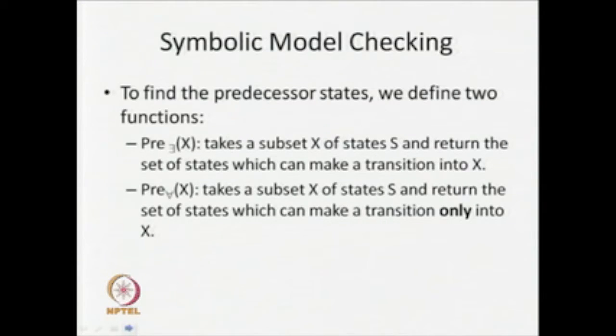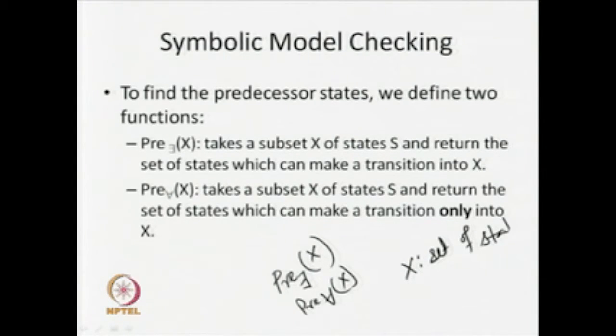Okay. Now, for that, when we look at symbolic model checking, we need two operators. One is Pre∃(X) and the other is Pre∀(X), where X is a set of states.